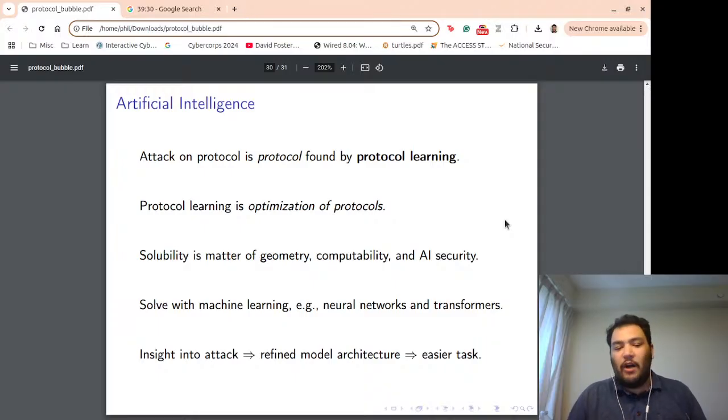Whether it's solvable or not is a matter of geometry and computability, but your intuition from training models is that this problem is generally solvable. You formalize that with theorems from geometry, optimization, computability, and machine learning theory.